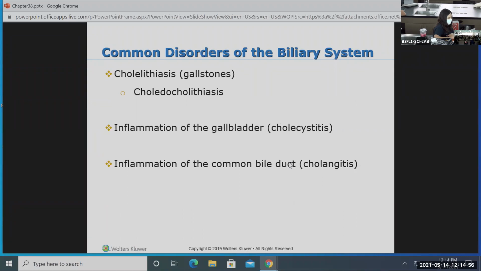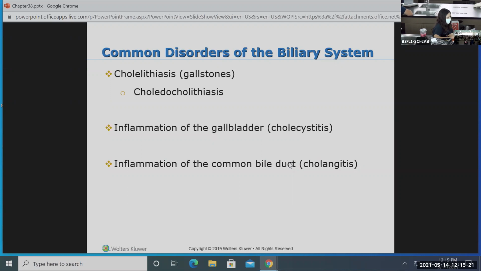We do have stone in the gallbladder, we call cholelithiasis. Cholelithiasis, the stone within the gallbladder. Inflammation of the gallbladder is called cholecystitis.